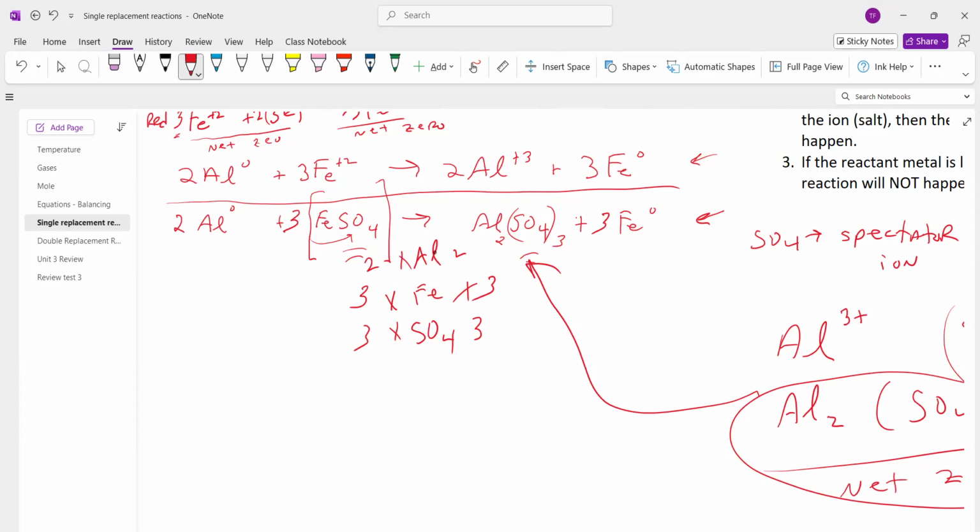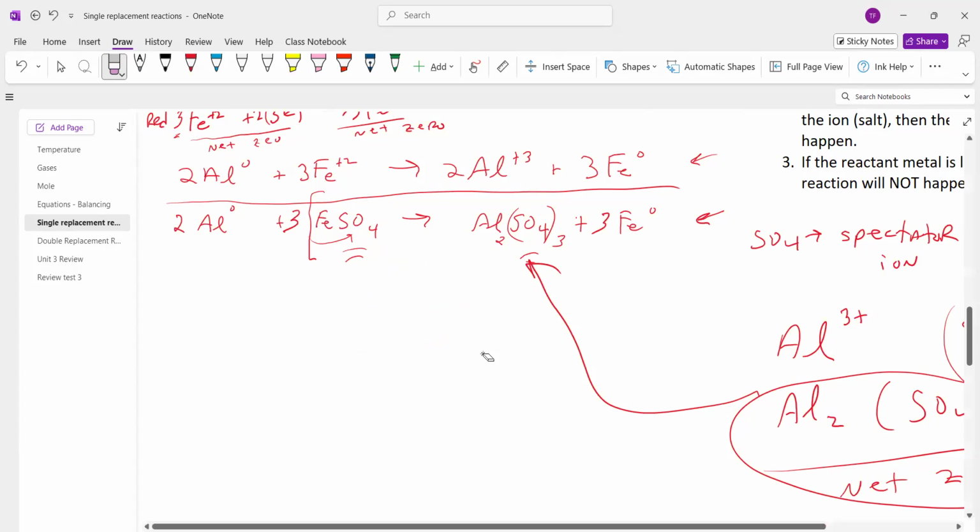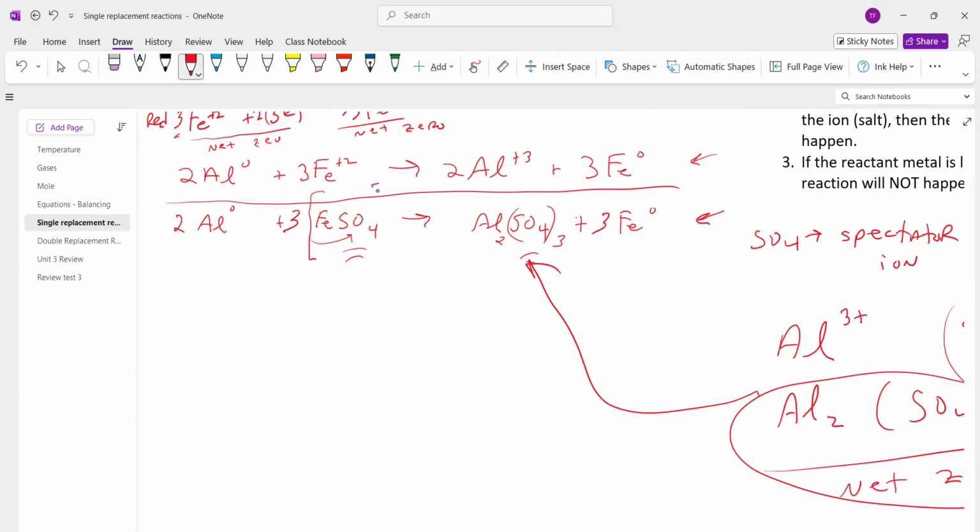We've already checked whether this reaction is going to go, and it is, because the aluminum's higher than the iron. So this we're going to practice a lot in lab. You're going to be doing the reactions, and then you're going to have to write out the reactions.